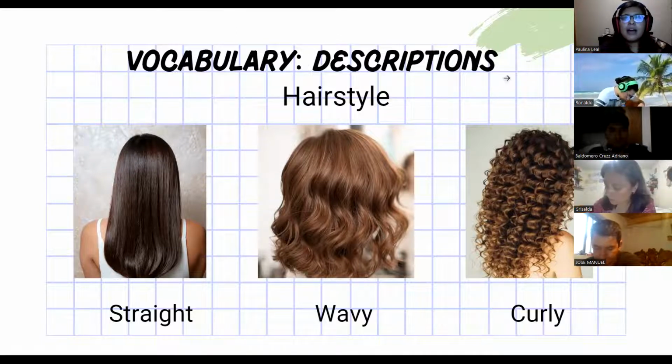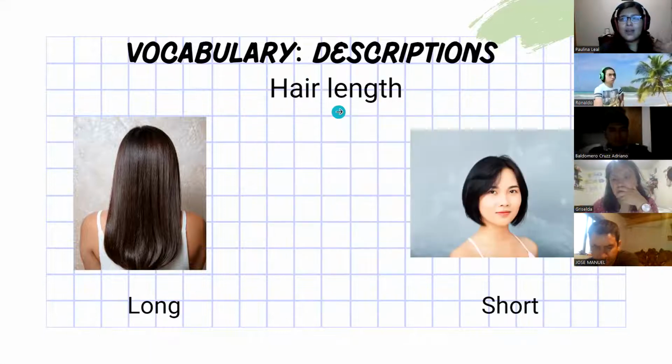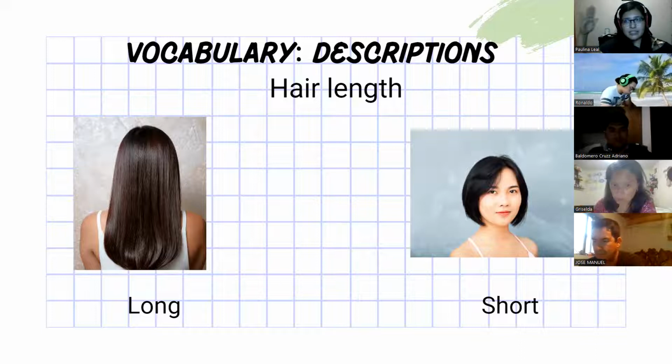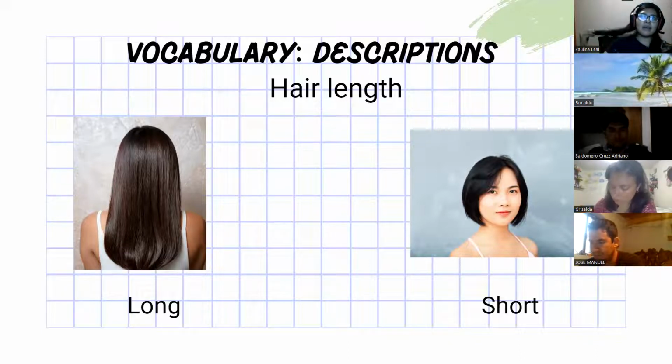Now, I've described hair color, I've described eye color, and I've described hair style. What else can I describe? I can also describe the length of the hair. Is it short, or is it long? In this case, I would say my hair is sort of long.